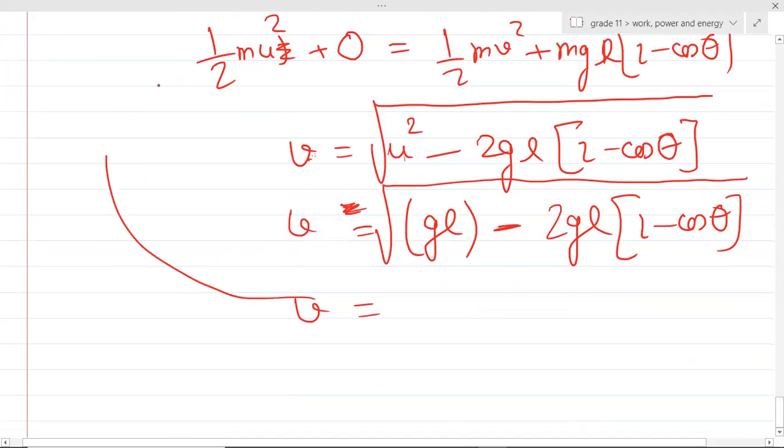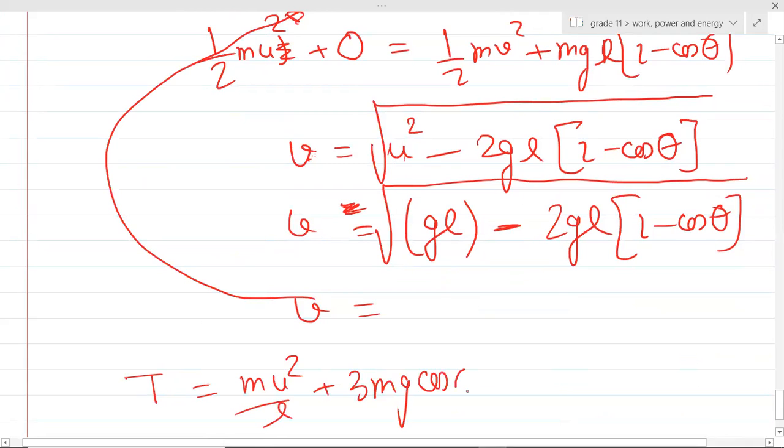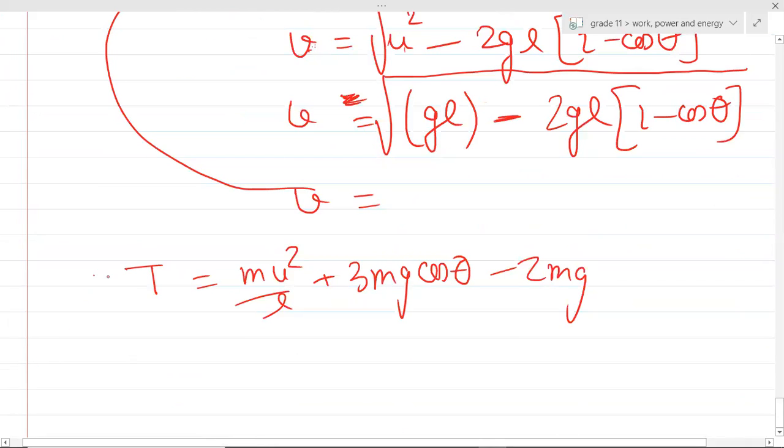Yes or no? So the tension equals mu square by L plus 3mg cos theta minus 2mg, and I can say this tension is equal to mg. Now can you see over here? I can solve it.